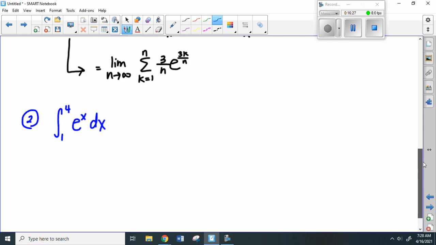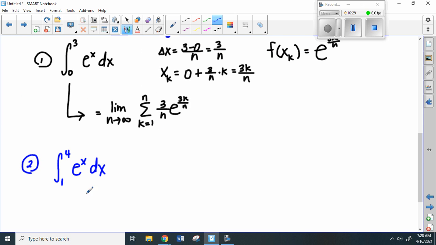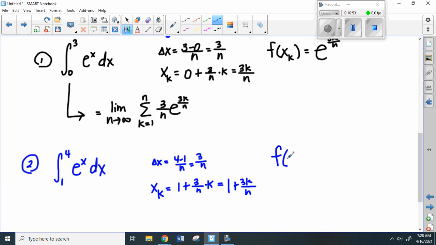So just like in the previous example, we need to know what our delta x is, and we need to figure out what our x sub k is. But remember, this time you have to use the a value, which is not 0, plus delta x times k. I can simplify a smidge by putting the k on top with the 3 if I want. And then I need to make sure that I plug that into my function appropriately.